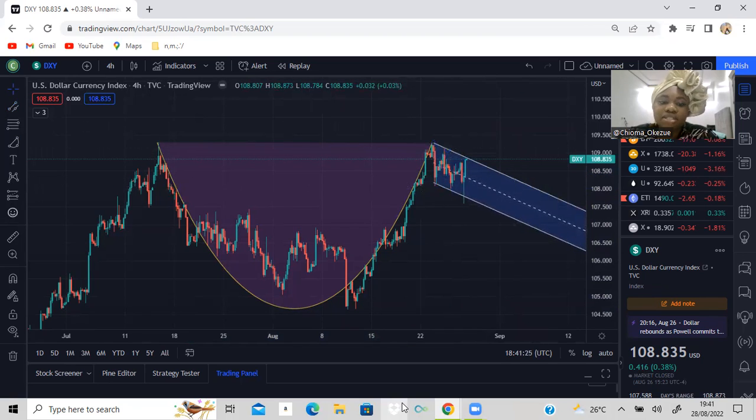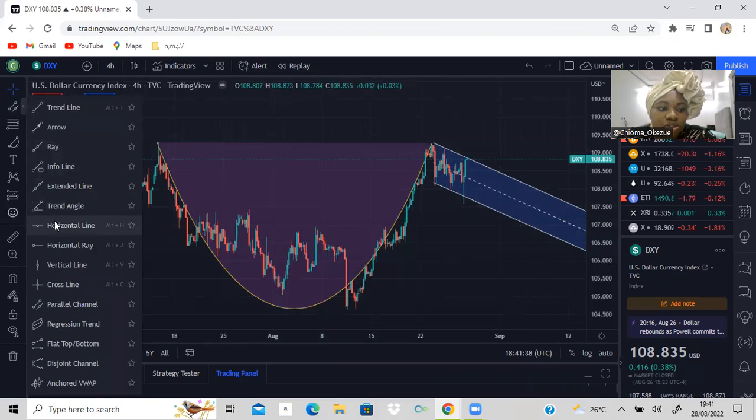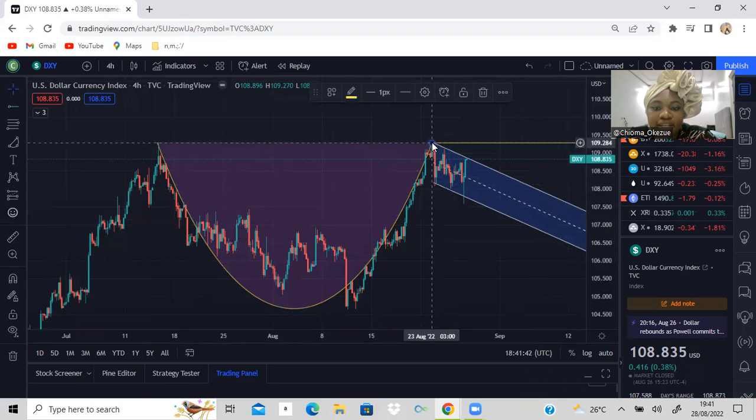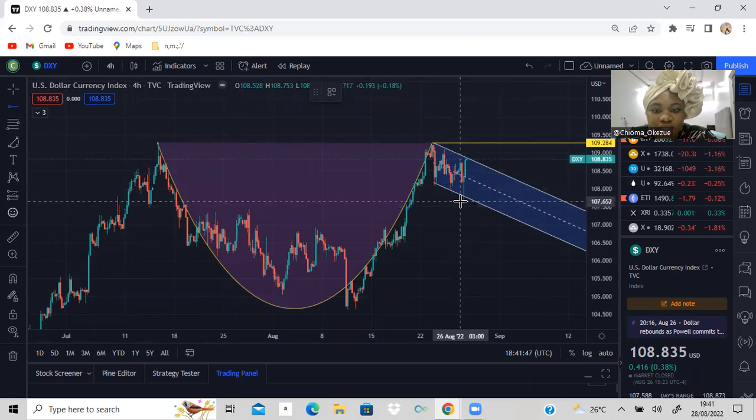So can you see a complete teacup now? So that is how to draw your teacup. Now the highest point is here. We use the teacup handle. The highest point is right here, and the lowest point is right here.